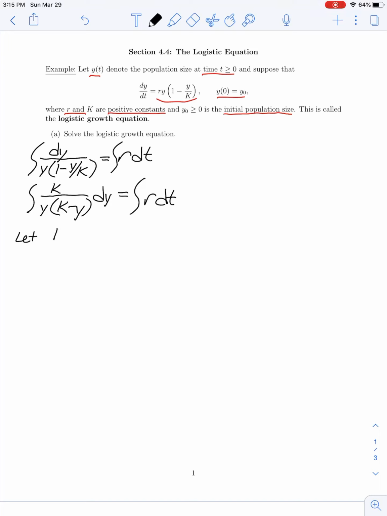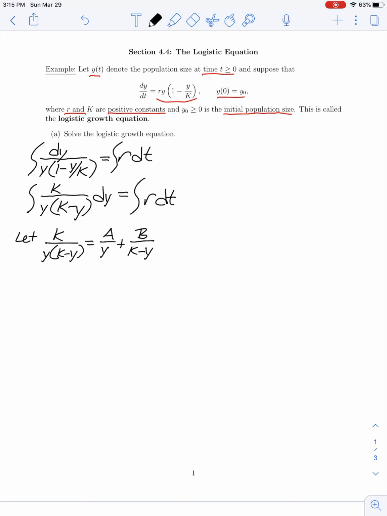So let's look at the partial fraction decomposition for this function on the left. Here we're going to let k over y times k minus y be decomposed in the form a over y plus b over k minus y.